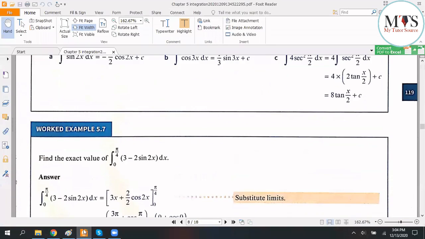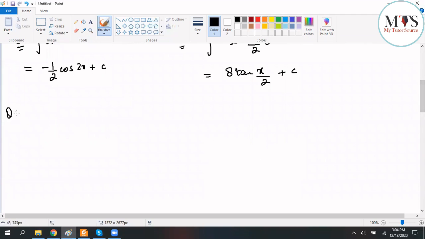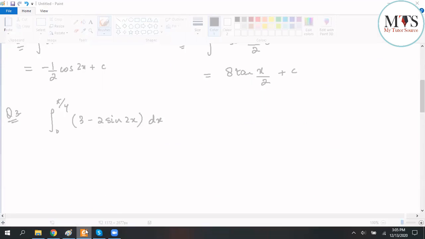Then, okay, what about this? The integral from 0 to pi by 4 of 3 minus 2 sin 2x dx.